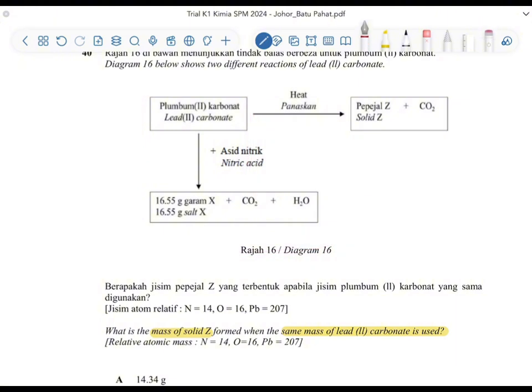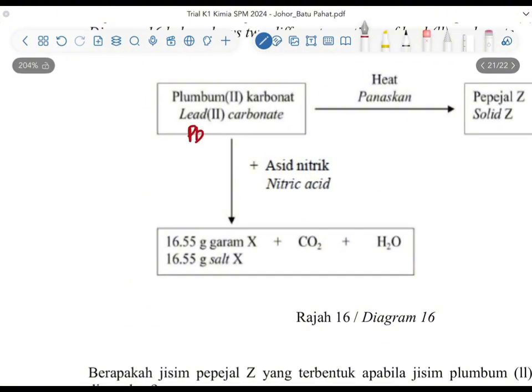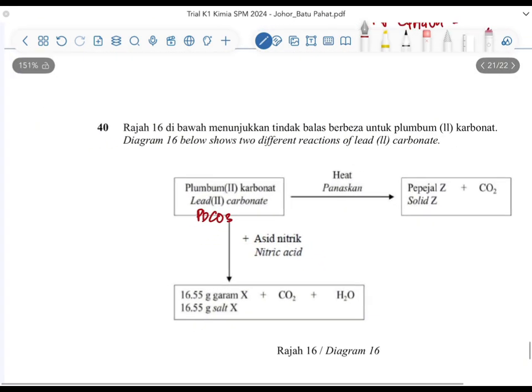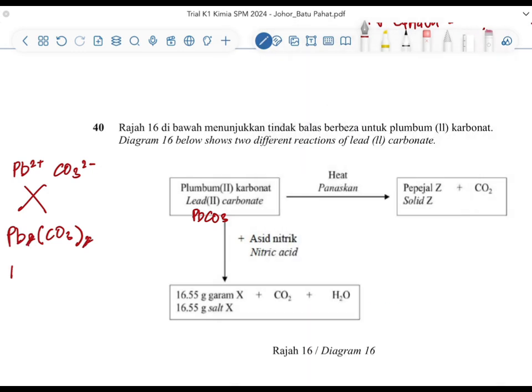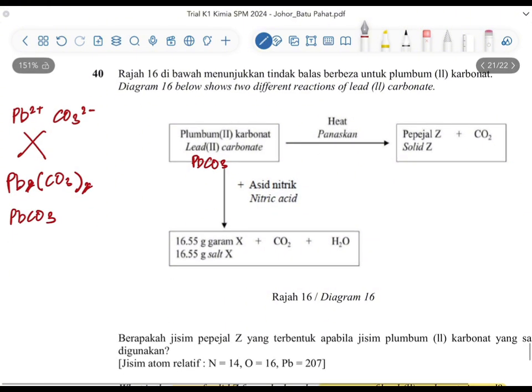Let's look at the reaction first. Lead-2 carbonate, I hope you all know the formula. If you don't remember, it is like this. We know that lead is 2 positive, and carbonate is 2 negative. And then we cross it, Pb2 CO3 2. Since both are actually 2, the chemical formula would be PbCO3, because we can simplify the 2.